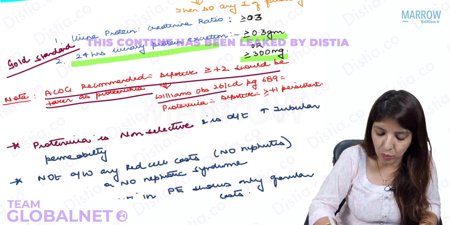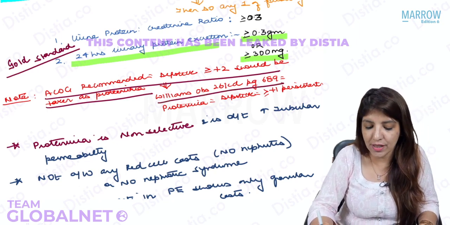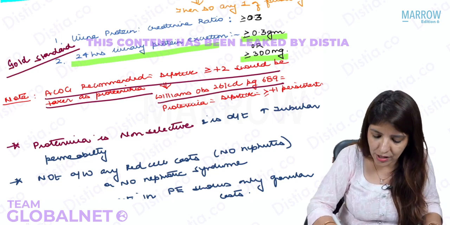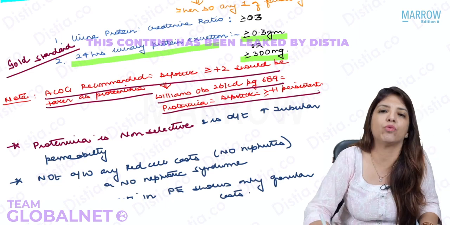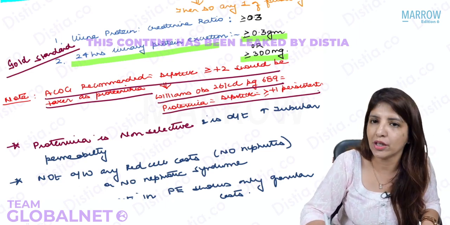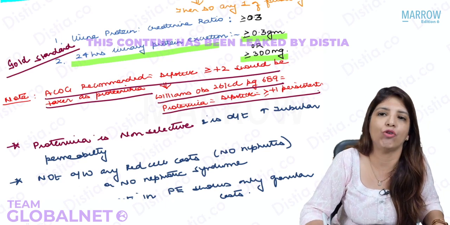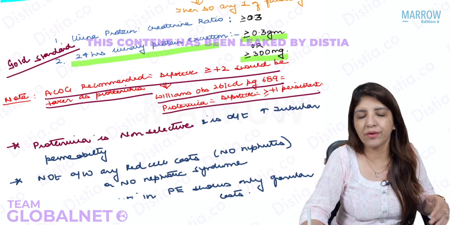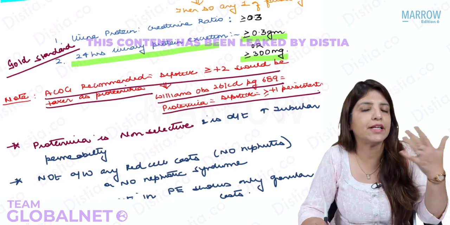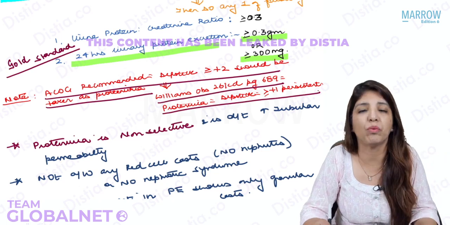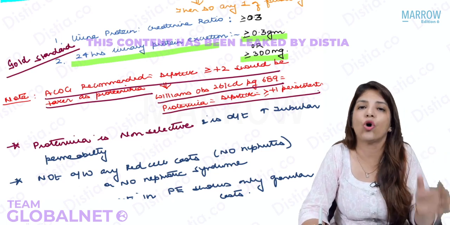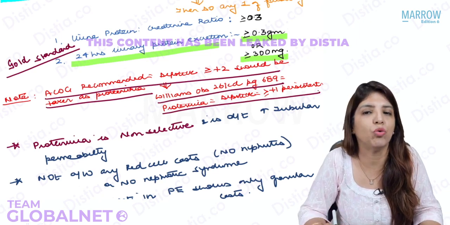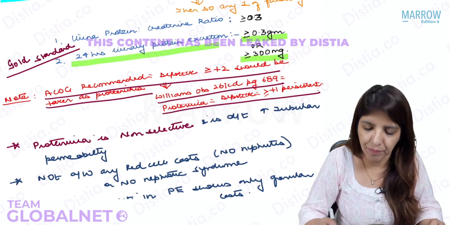But please remember, Williams Obstetrics 26th edition, page 689 says that this recommendation has not yet been approved, and still we are taking dipstick persistently more than or equal to +1 as a criterion for diagnosing preeclampsia, right? So although in edition 5 I told you that the criteria has been upgraded and it has become +2, remember that Williams edition 26 says that no, the criteria has not yet been updated. Still it is more than or equal to +1, right?